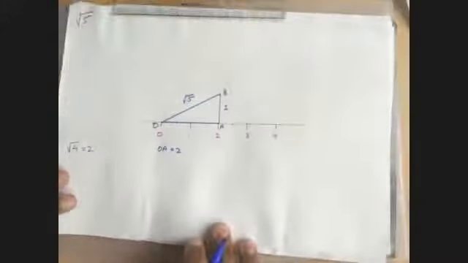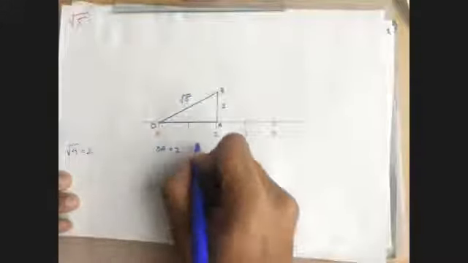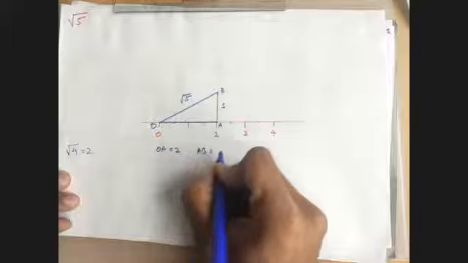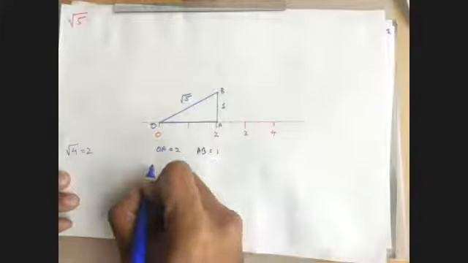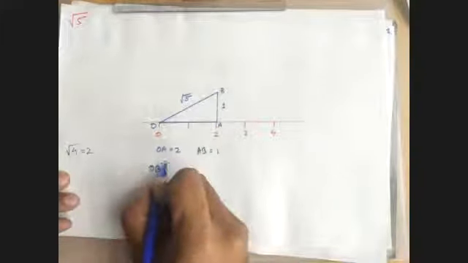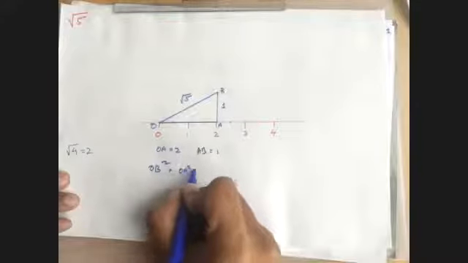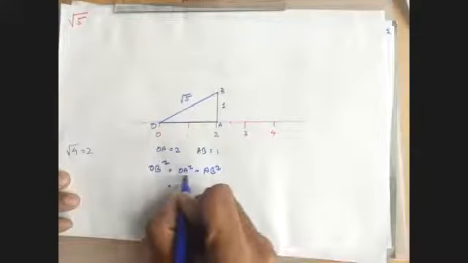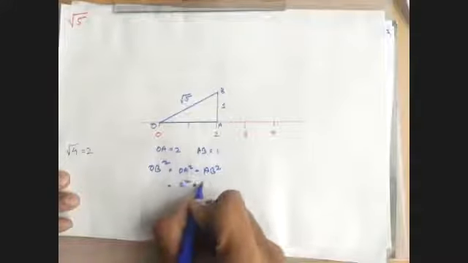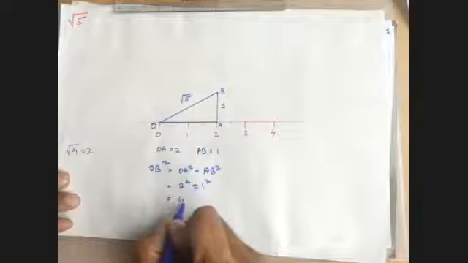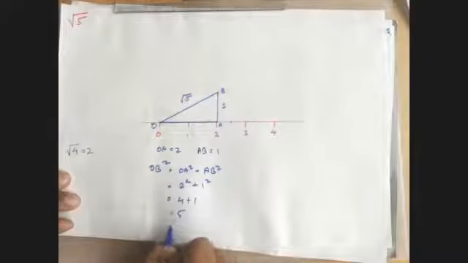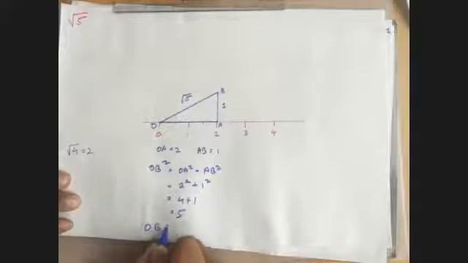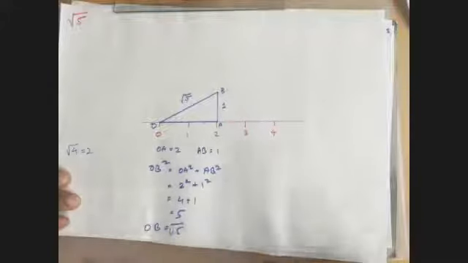How is this? We know that OA is 2 and AB is equal to 1. So OB, by Pythagoras theorem, OB square is equal to OA square plus AB square, which is 2 square plus 1 square, equal to 4 plus 1, equal to 5. So OB is equal to root 5.